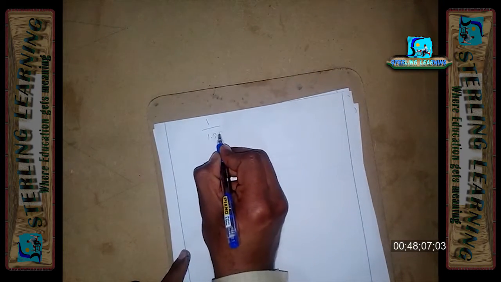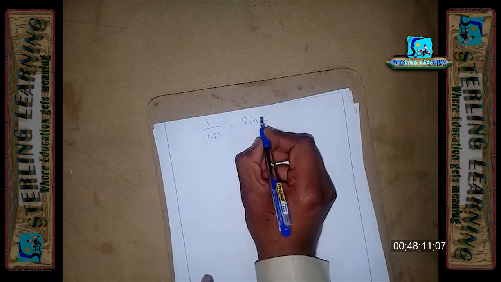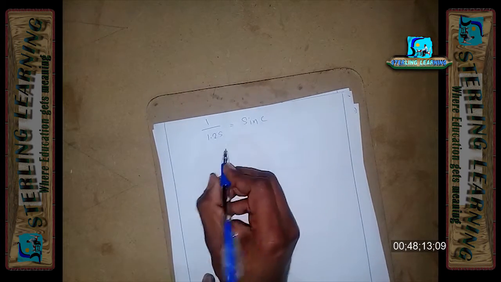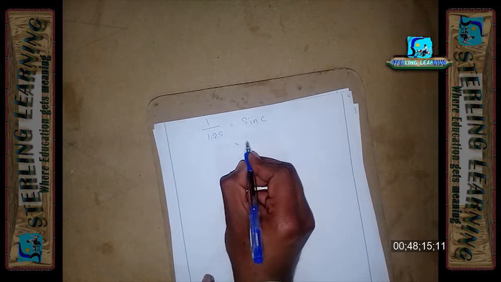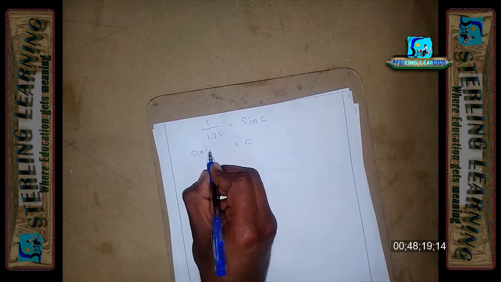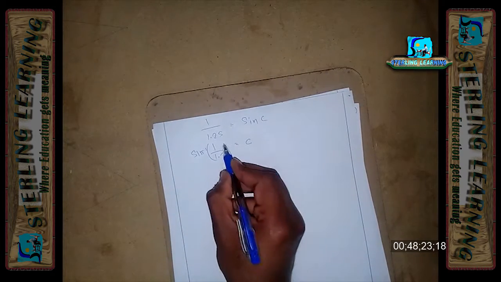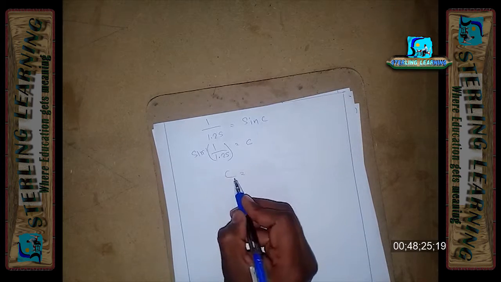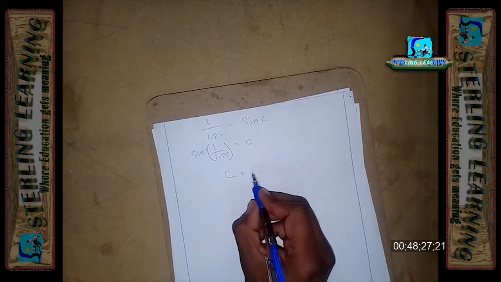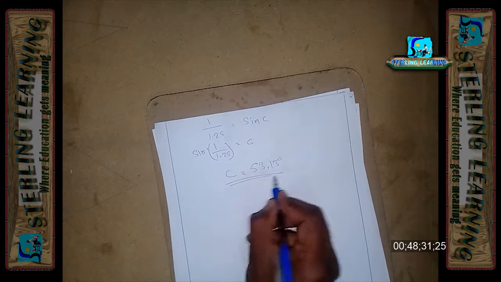So 1 over 1.25 is equal to sine of the critical angle. Take sine inverse of both sides. This becomes C, and this becomes sine inverse of 1 over 1.25. If we use the calculator, it comes out to be 53.13 degrees.